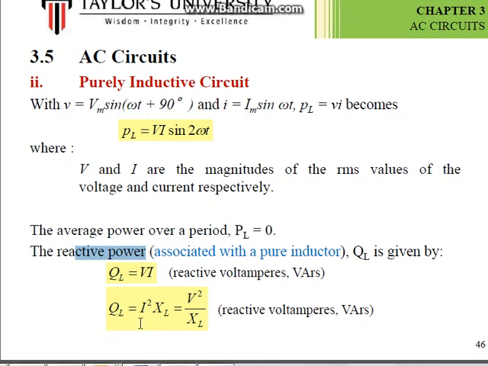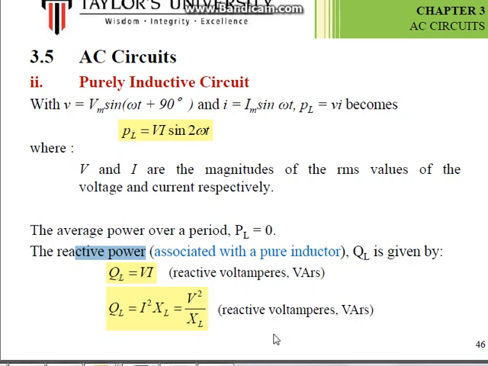Earlier we saw that P equals VI equals I squared R equals V squared over R. That's for a resistive circuit. For an inductive circuit everything stays the same, but we do not call it resistance, we call it reactance, denoted by XL.